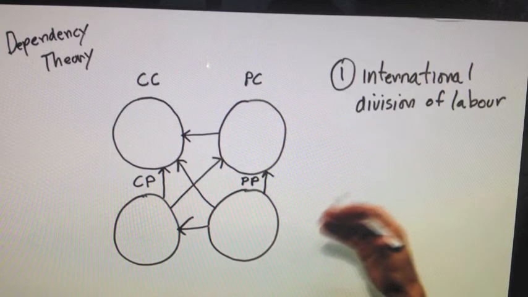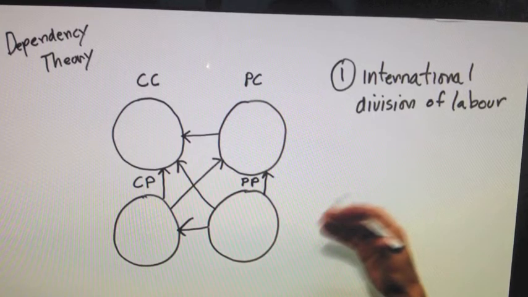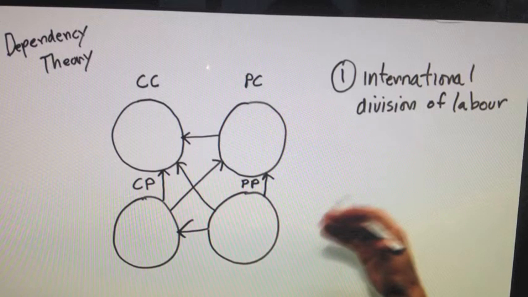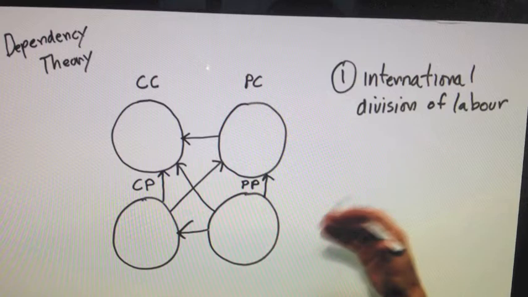Secondly, each circle is divided into an approximately 20-80 divide to show that all countries, no matter how rich they are, have a small elite who control the majority of the wealth, with a large, dependent, less wealthy population.